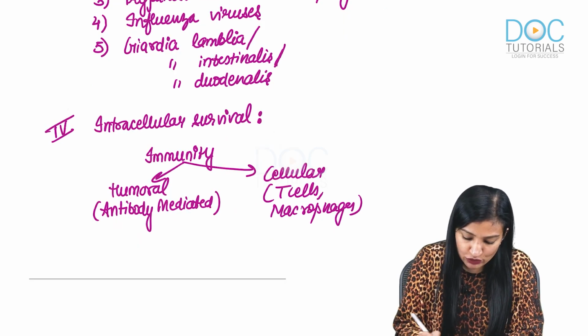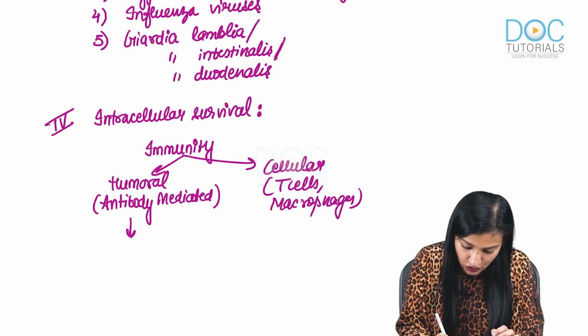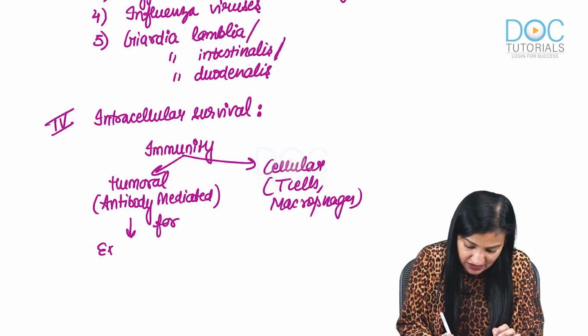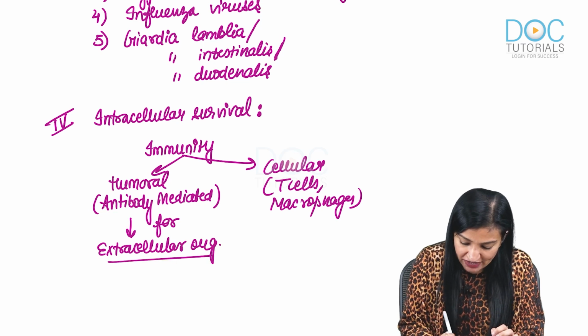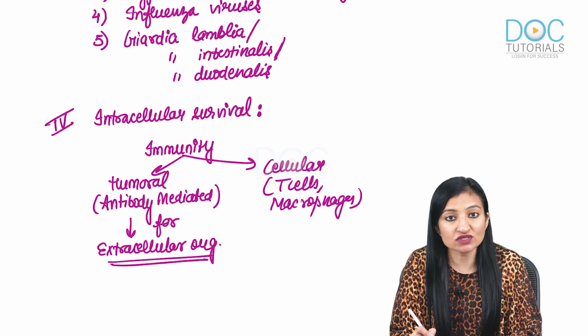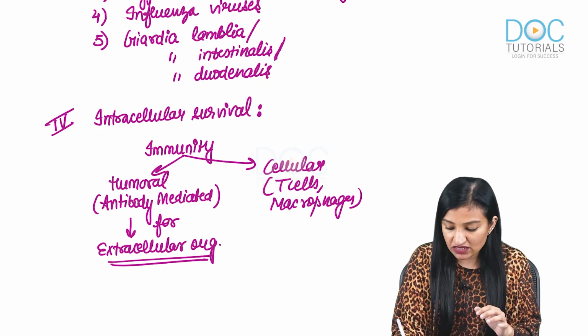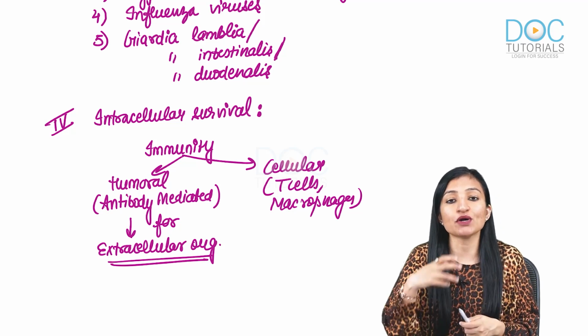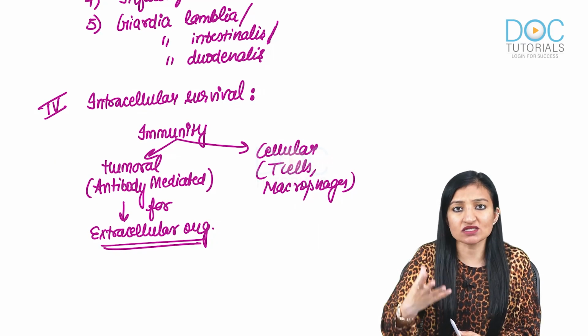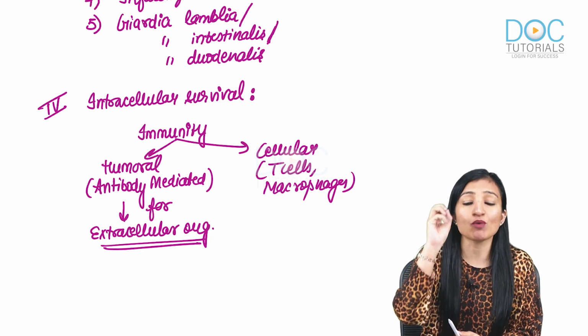Now, humoral immunity is needed for extracellular organisms, meaning those organisms which just stay outside the cells. These extracellular organisms are harmful because they produce enzymes and toxins which then attack or bombard the cells.